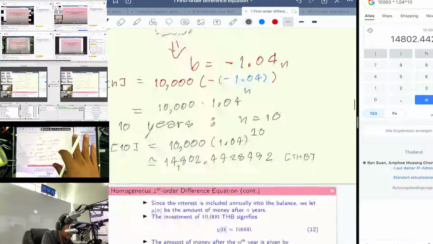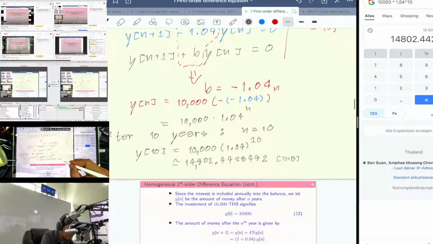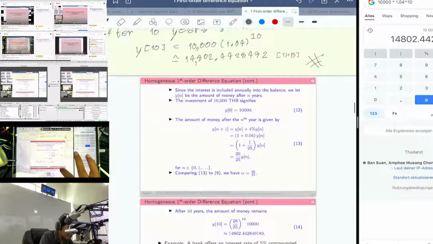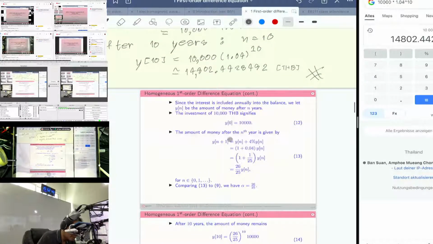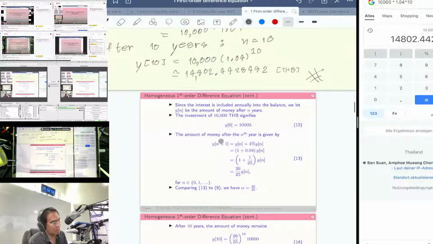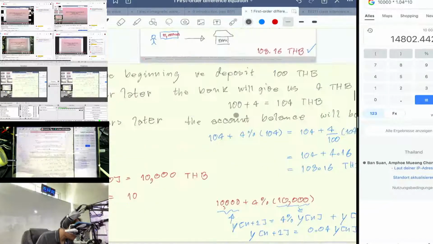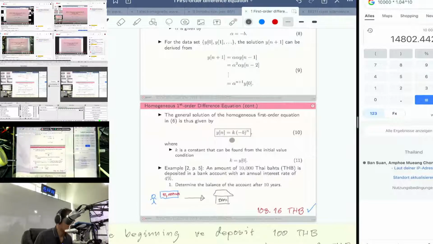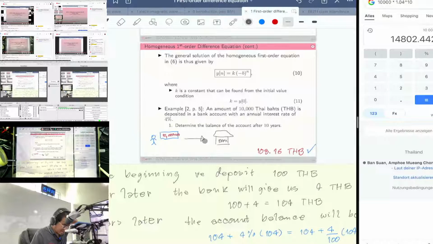So that's the answer. I think it's correct, I hope that it's correct. Yeah, it's correct. All right, we can use this formula to compute the money after 10 years.